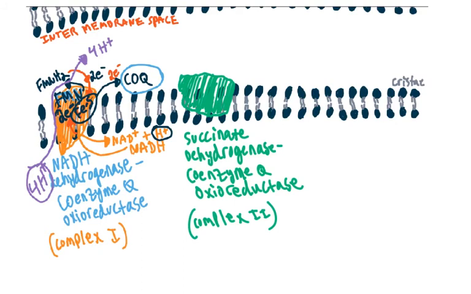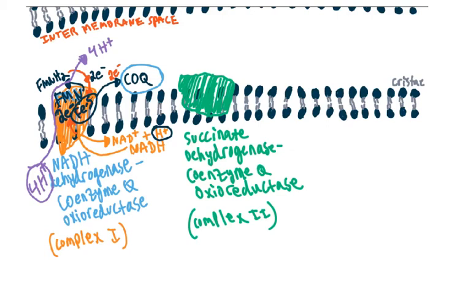In the Krebs cycle we had succinate going to fumarate, and the succinate dehydrogenase enzyme was catalyzing that step, and we made FADH2. Our succinate got oxidized. It lost 2 hydrogens and 2 electrons.